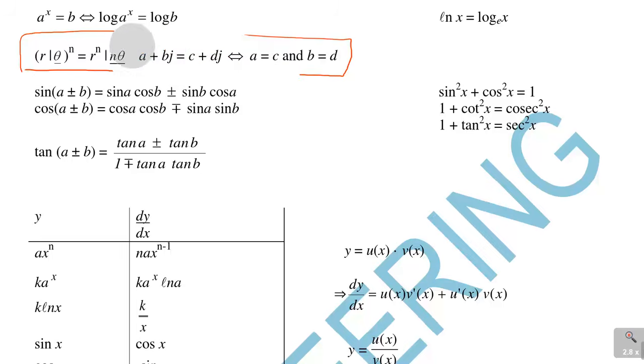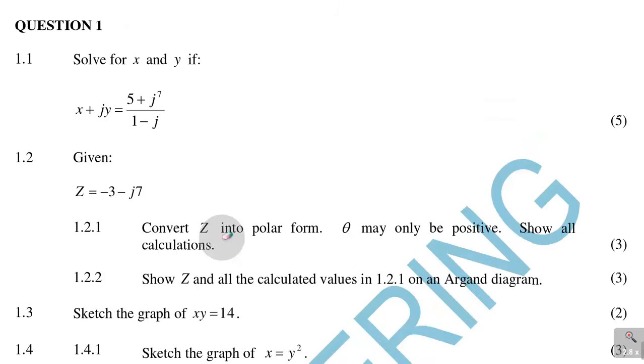So let us go on and look at the equation given, and I'm going to show you 2 or 3 different approaches that we can use to solve for x and y. Let me write this on a fresh page.